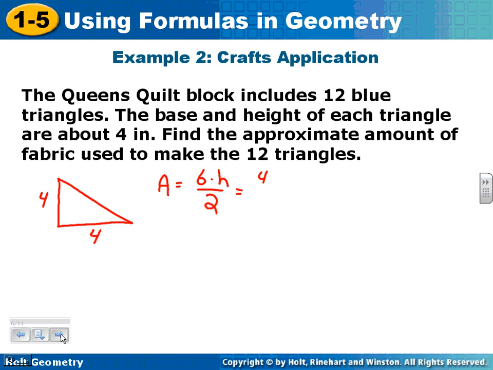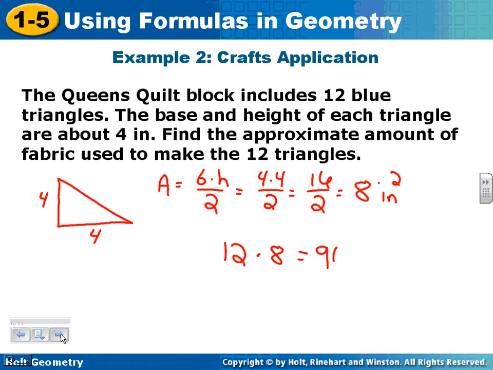So that would be 4 times 4 divided by 2, or 16 divided by 2, or 8. That would be 8 inches squared. Now that would be for one triangle, but the problem is talking about 12. So I need to take 12 times 8, which is 96 inches squared. So that's how much fabric, or the area of 12 triangles for this quilt.